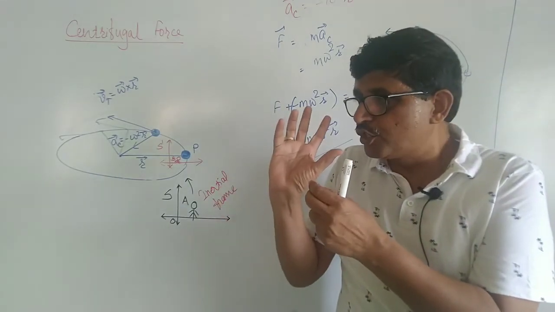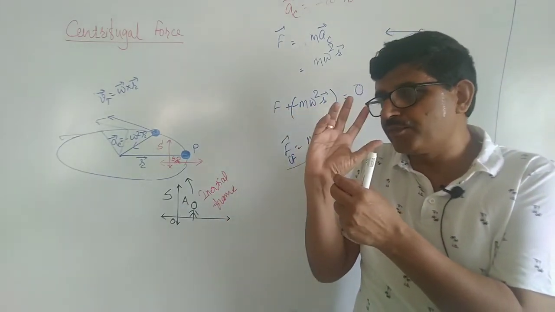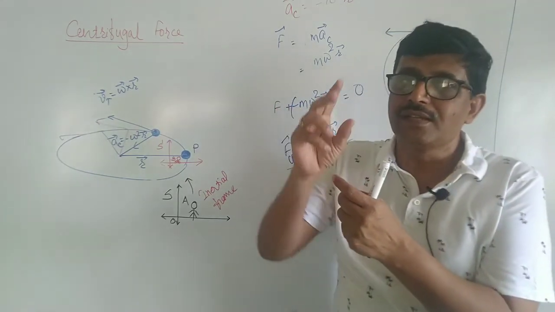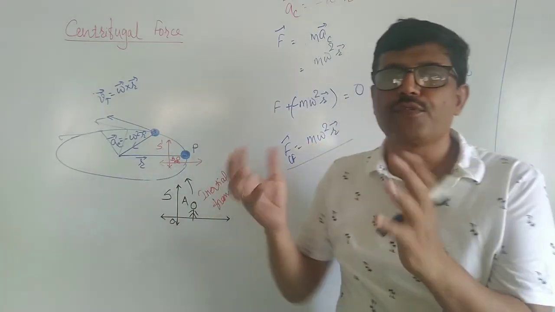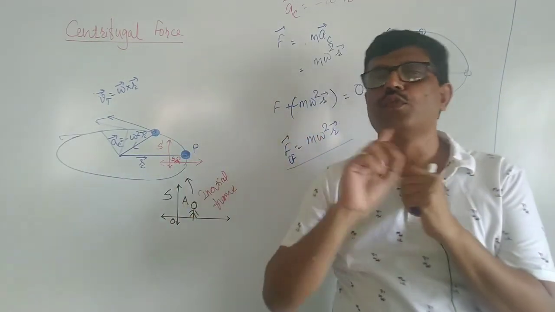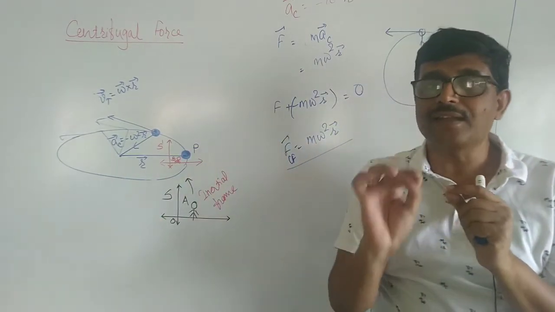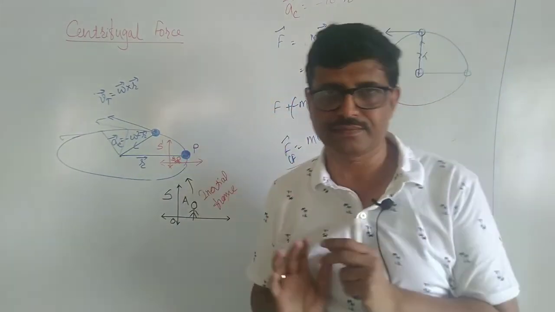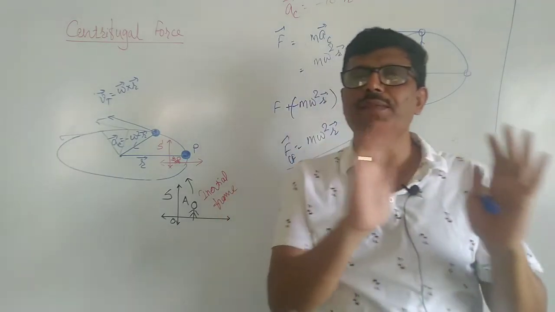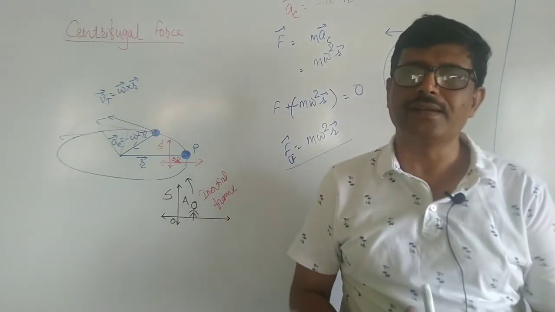But once the speed is maintained at a uniform speed, the centripetal force and centrifugal force are equal, and it continues to move with a constant speed at constant radius. This is what we mean by the centrifugal force, and thank you very much.